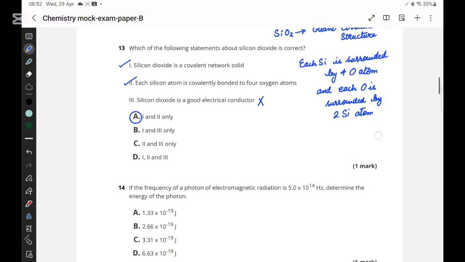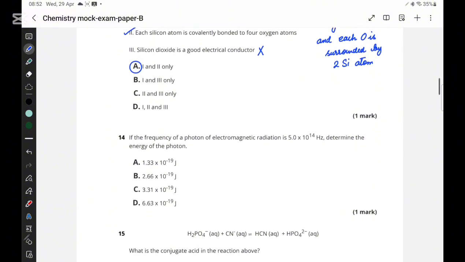For the next question, they are saying if the frequency of a photon of electromagnetic radiation is 5.0 times 10 to the power 14, so that means frequency V is equal to 5.0 times 10 to the power 14, and they want me to find the energy of the photon.